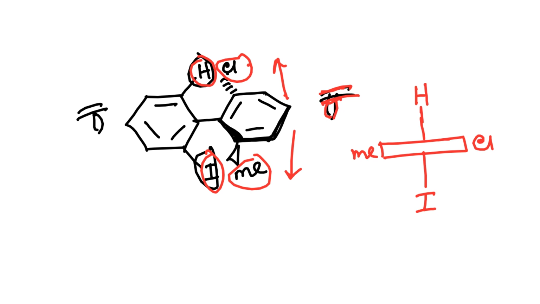Although this iodine has the highest atomic weight among all these four groups, this chlorine will get the first priority because it is at the near end. So this chlorine is A, the methyl is B, then iodine is C, and hydrogen is D. And now this A, B, C, you can see it is anti-clockwise, so that's why it is S.